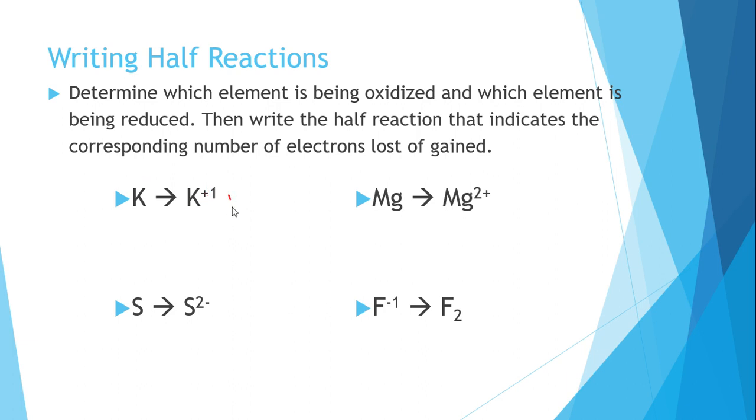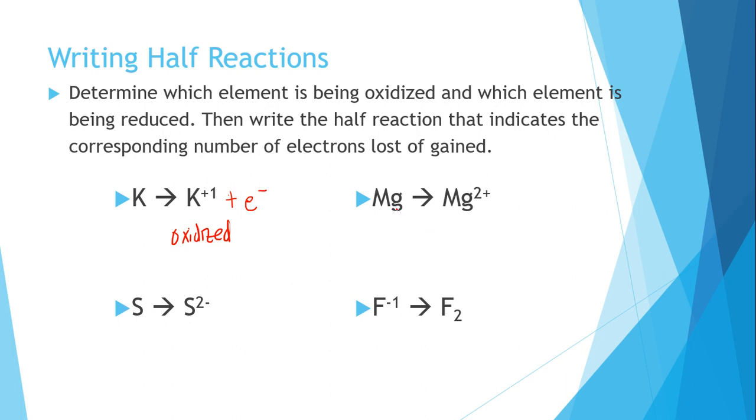So what I could do is I could add 1 electron to the right-hand side of this equation. When I add 1 electron, that makes this side 0 and this side 0. Because I added my electron to the right-hand side, this is telling me that I have lost electrons. So losing electrons, you are being oxidized.